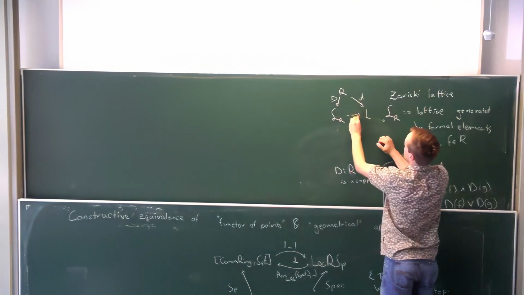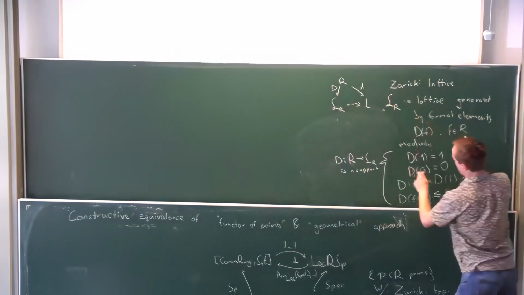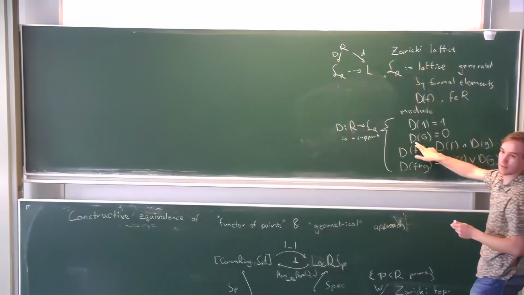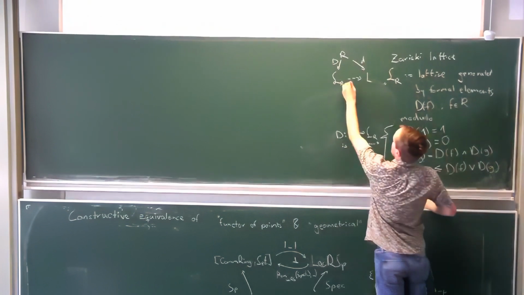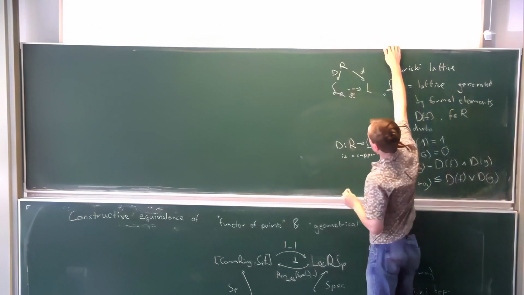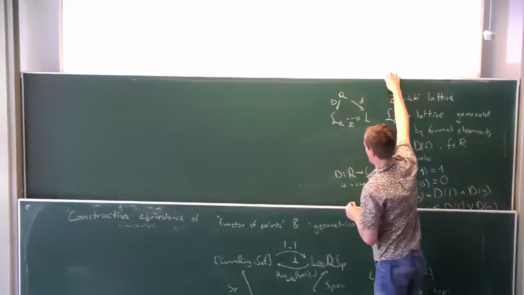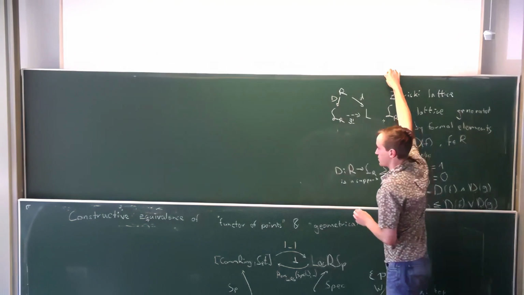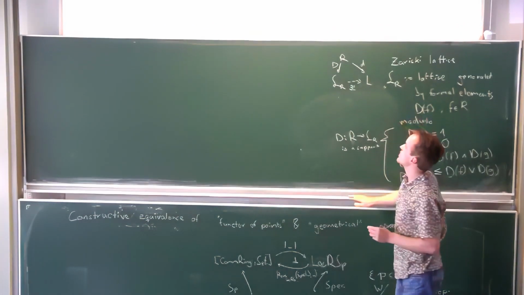So D being a support means these relations also hold when you replace D here. And there is a unique morphism of lattices.